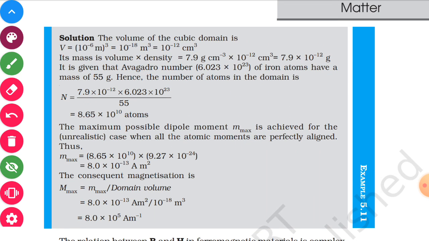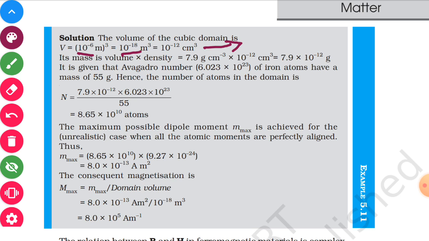Now see, the volume is found first of all. Volume is L cube, so 10 to the power minus 6 raised to 3, it becomes 10 to the power minus 18 meter cube. If you want to convert it into centimeter cube, then we have to multiply by 10 raised to 6. So it becomes 10 to the power minus 12 centimeter cube. Why?